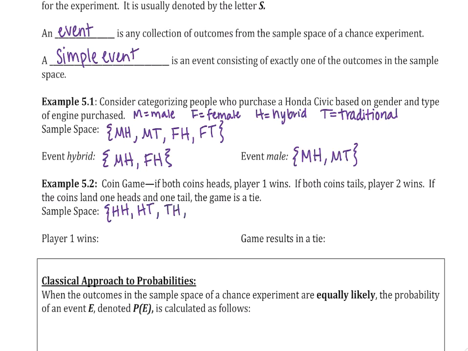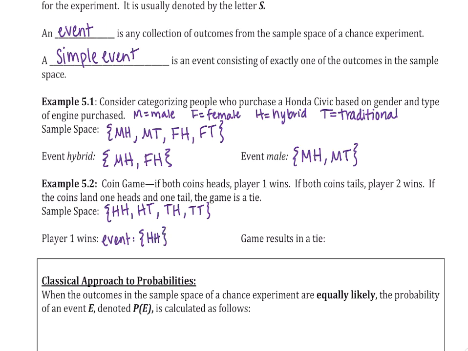Now, those are different outcomes here because you have 2 different coins. So you do actually have to list them both when you're listing this out. And then you could get both tails. So how would player 1 win? Well, that only happens when you have the event HH.